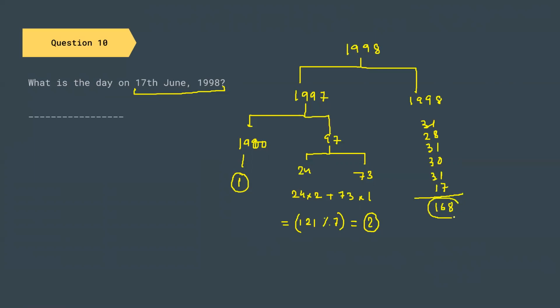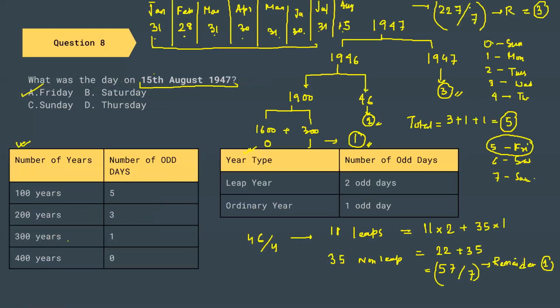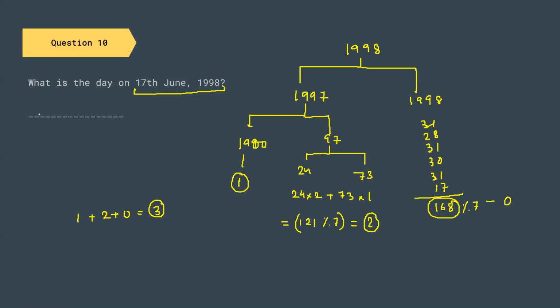And if 168 is divided by 7, the remainder is 0. So the total number of odd days is 1 plus 2 plus 0, that gives us 3. And 3 means, in the previous slide we can see that 3 means Wednesday. So the final result will be Wednesday.